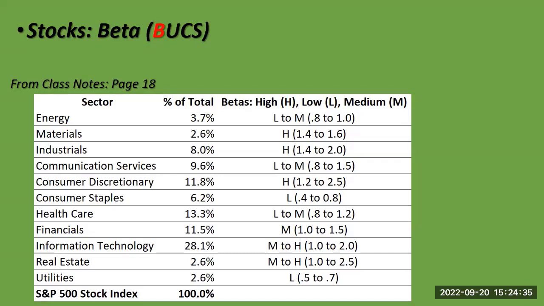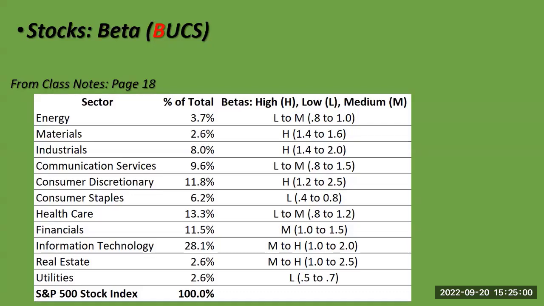Well, I've seen recently that people are cutting back on Facebook. People are saying, hey, I can spend that money somewhere else. So Facebook is starting to face that issue as well. So it's questionable. I say low to medium, but I go up to 1.5 because advertising has been historically considered high beta. Consumer discretionary, just by definition, is high beta.